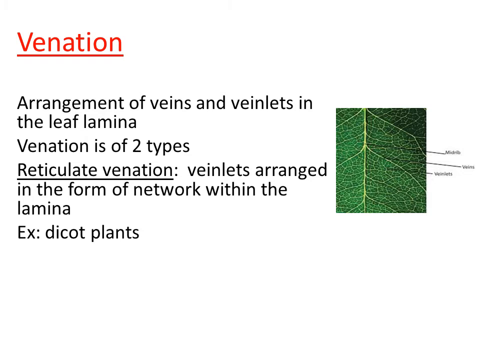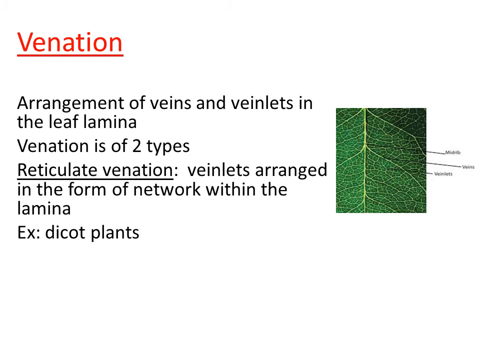You can look into the diagram. In the diagram, the midrib is labeled. The midrib is the middle prominent vein that we can see in the lamina. From the midrib, veins arise, right?